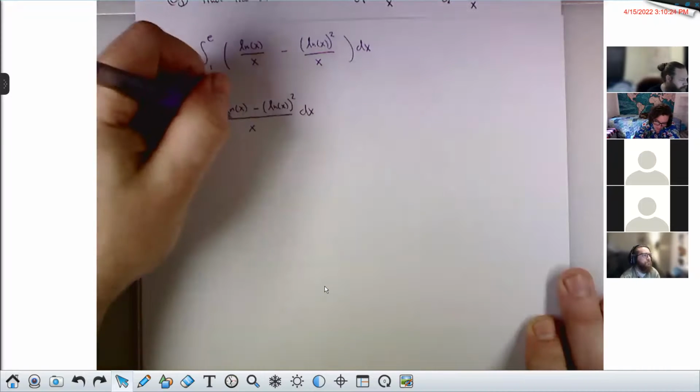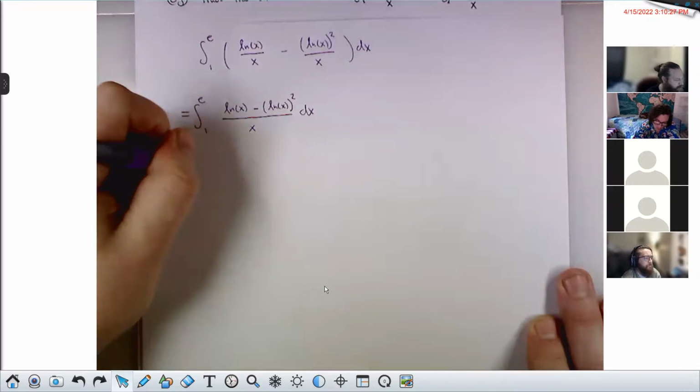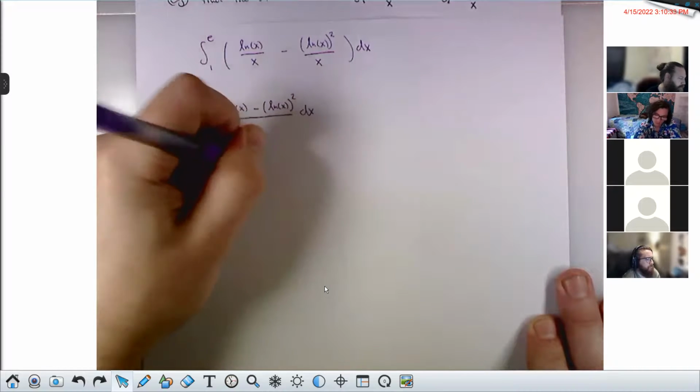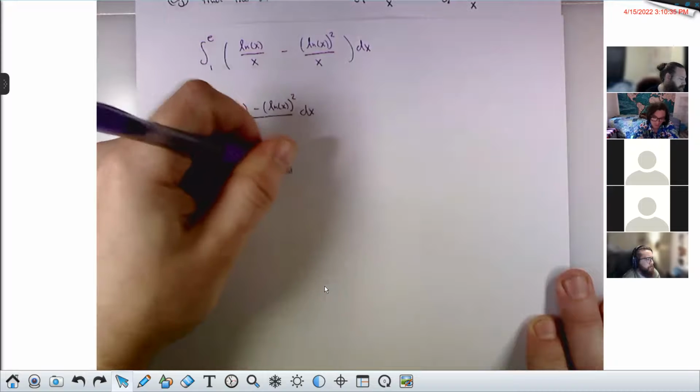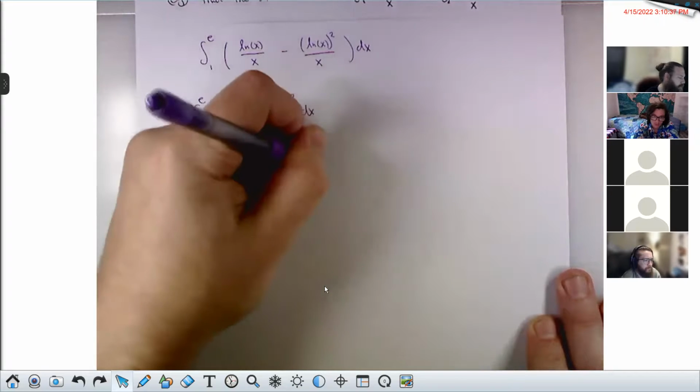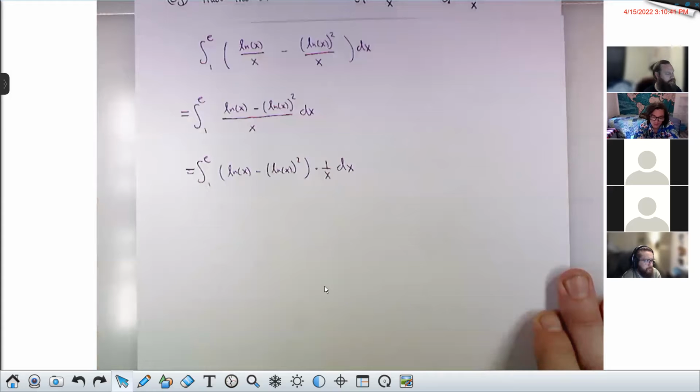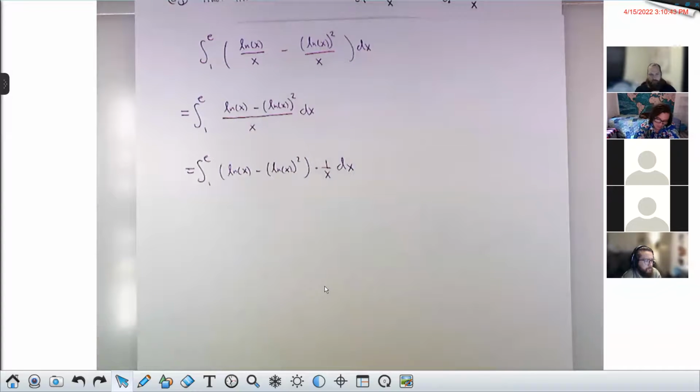And I'm going to do one more little bit of algebra before we push the substitution in. All right, this is the integral from 1 to e of the natural log of x minus the natural log of x all squared times 1 over x dx. And I think this will help you with the substitution.